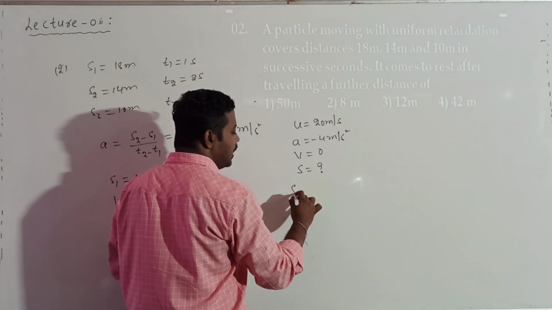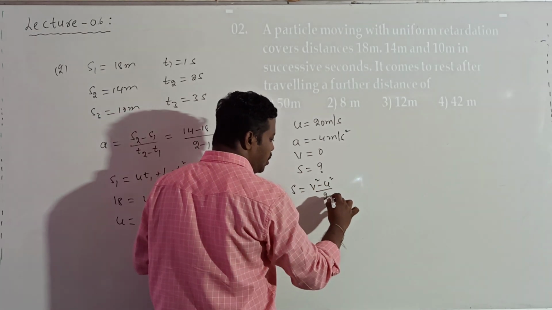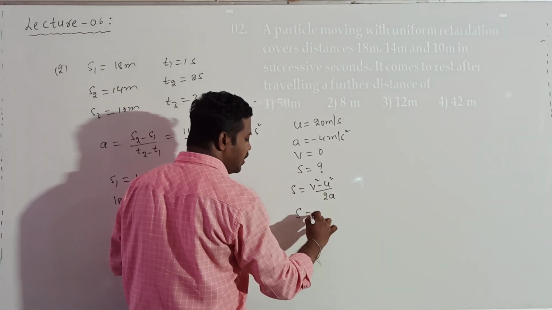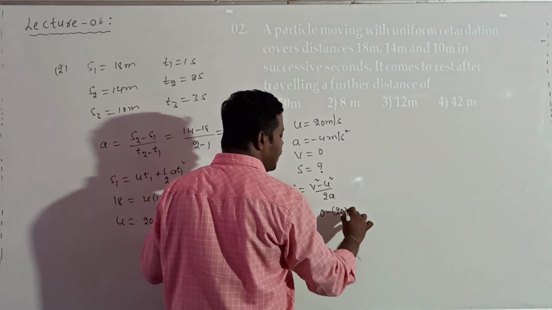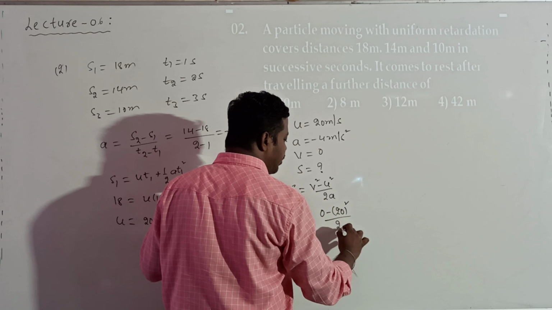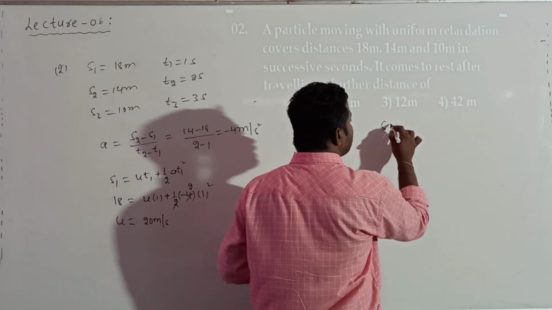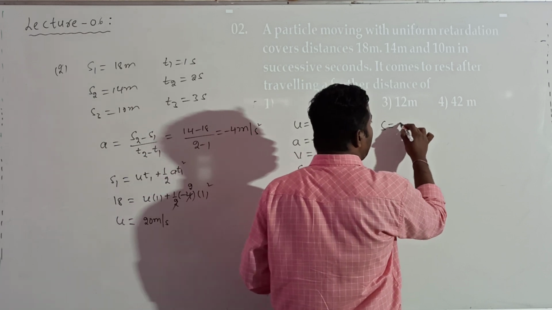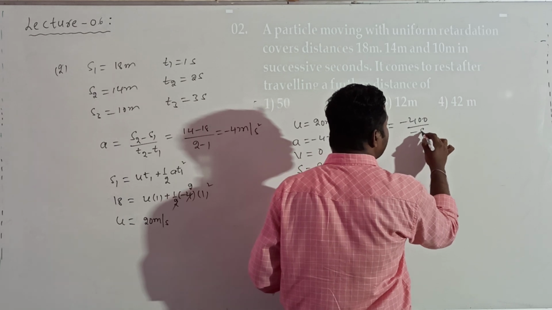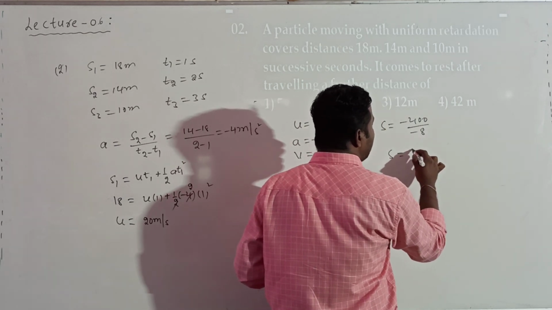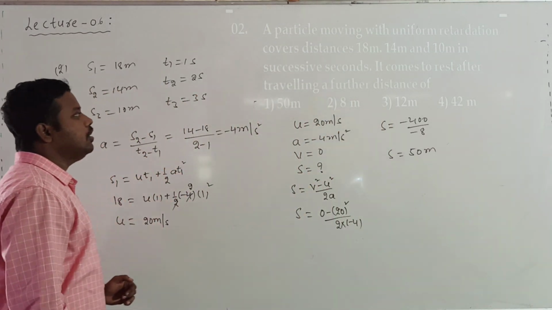To calculate S, v square minus u square is equal to 2 into a into s. So S is equal to 0 minus u square, 20 whole square, divided by 2 into a, minus 4. S is equal to minus 400 divided by minus 8. Then S is equal to 50 meters.